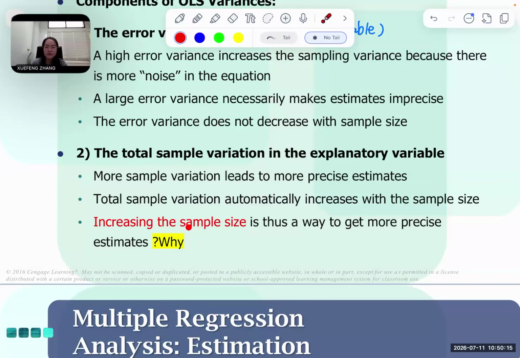Because SSTj automatically grows as n grows. More people, more spread, more signal, right? We want more signal, less noise. This is one of the main reasons we always want bigger samples in econometrics.